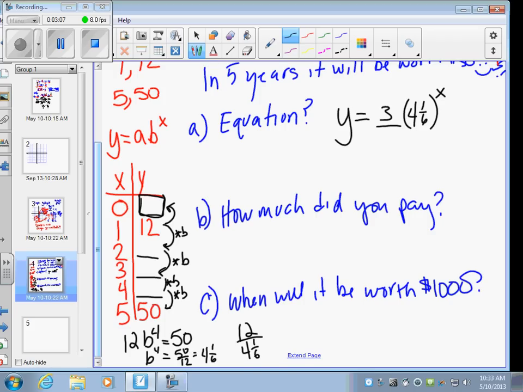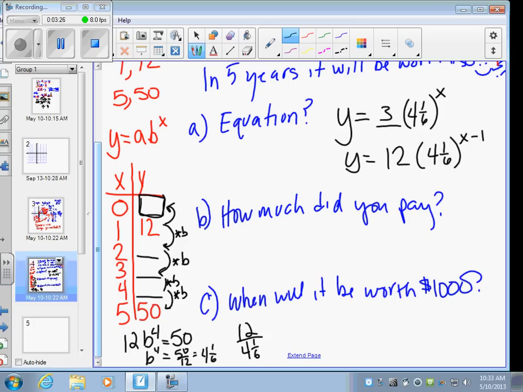Or another method, and there's a lot of ways to do this, I could have just used 12 for my a value and then offset the x by 1. Some of you are doing that, and that's fine too.